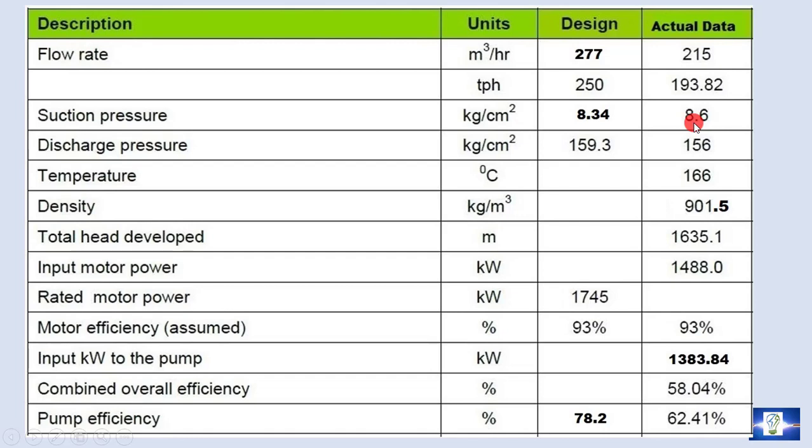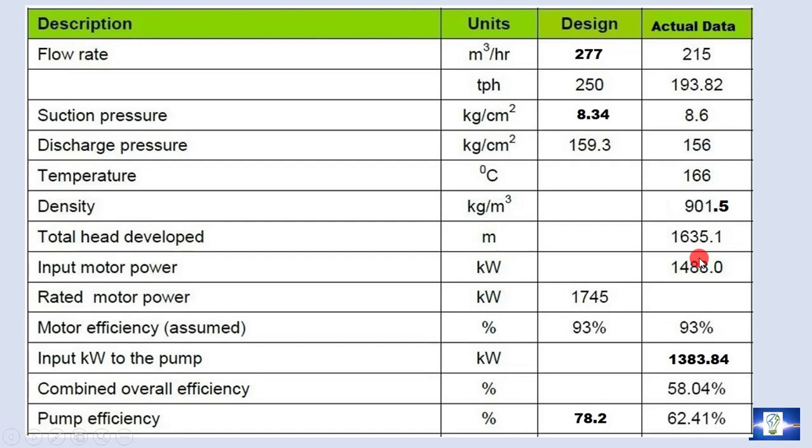The temperature of the feed water is 166 degree centigrade, and at this temperature the density of the water is 901.5 kg per meter cube. The total head we have calculated is 1635 meter and the measured input power is 1488 kilowatt.